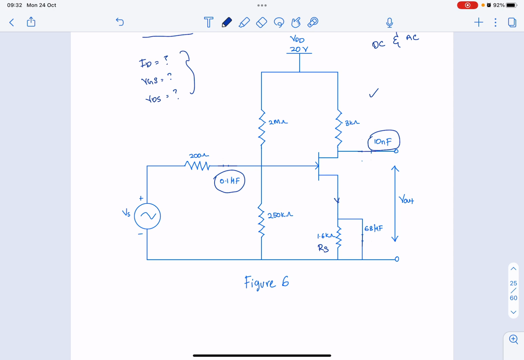So comparing this one and this one, this has lower resistance, so current will go here rather than this way.